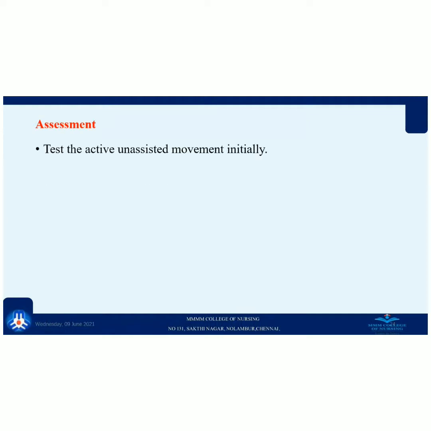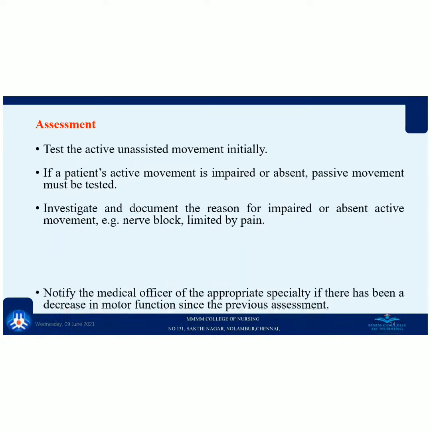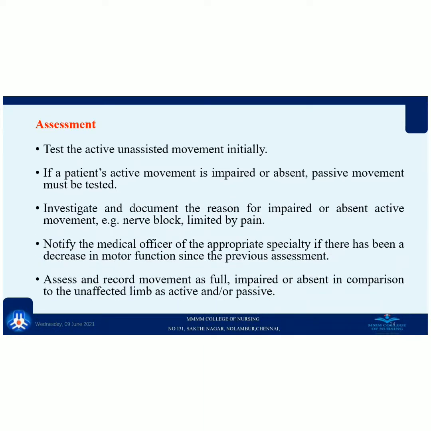Coming to the assessment of motor function, test the active and unassisted movement initially rather than going into the assisted movement. If a patient's active movement is impaired or absent, then we have to think about making the passive movement and interpret the findings.